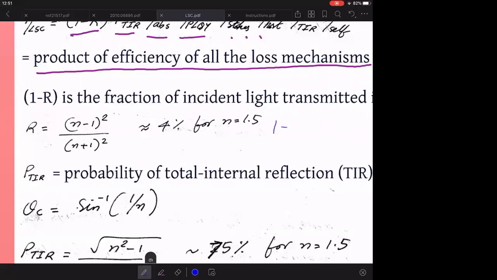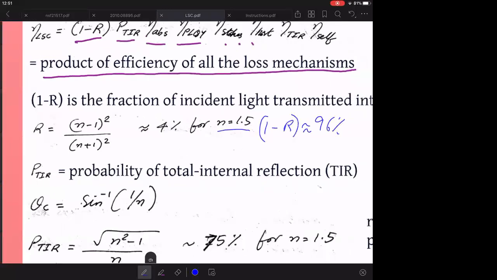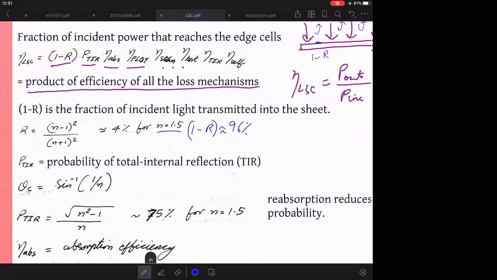So 1 minus R is about 96% for glass, n equals 1.5, or most plastics.